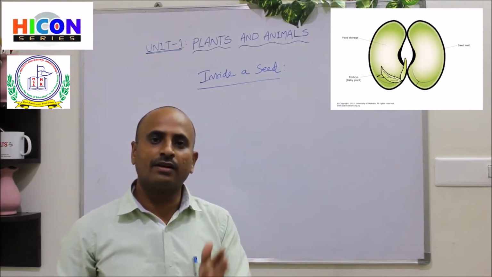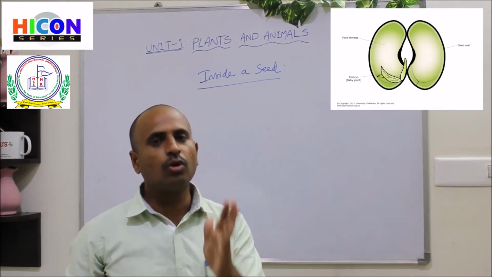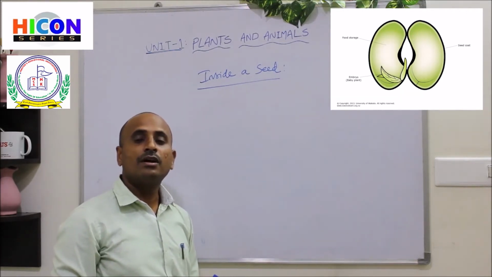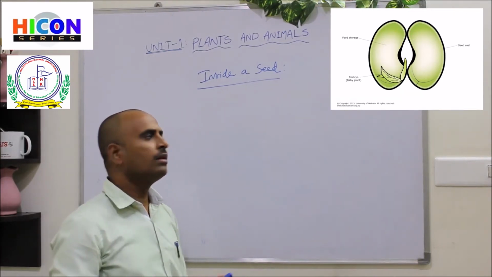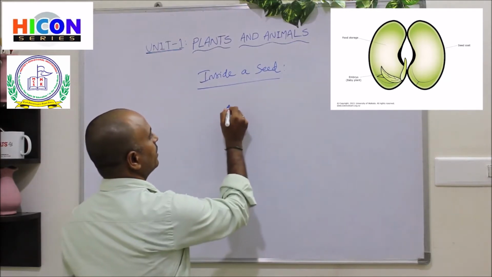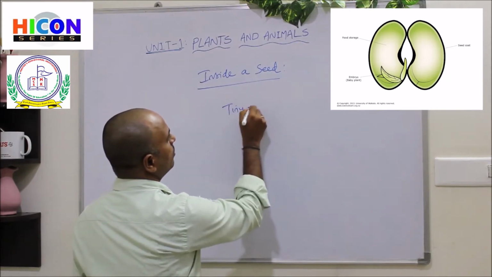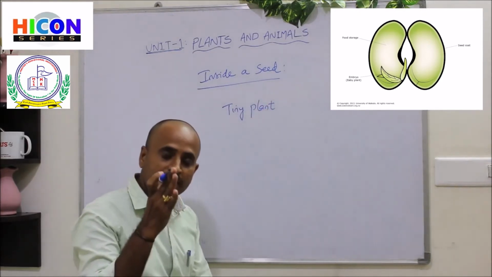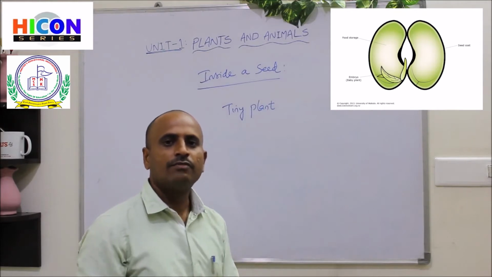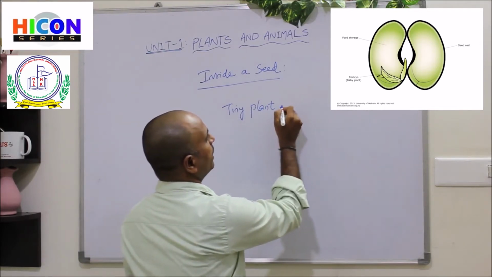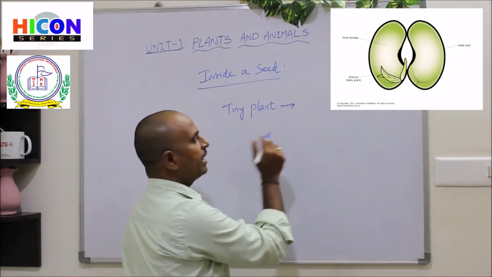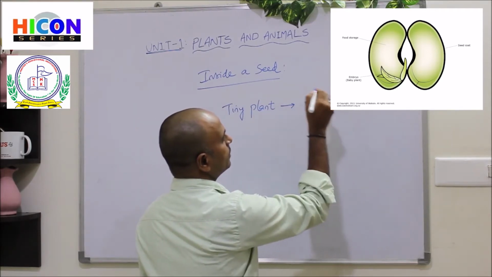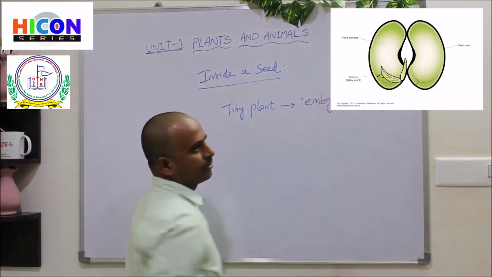If we cut the seed into two halves, then in the picture we observe a small tiny plant. That tiny plant is called the embryo.